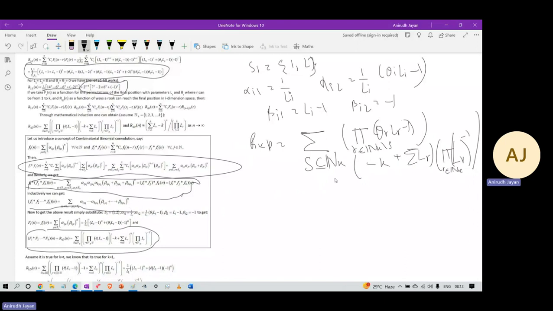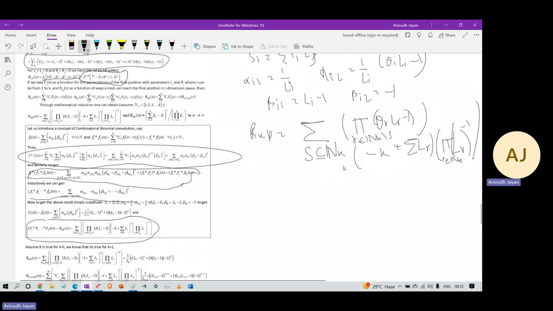Well, how? A hint is that since each Si is a set of two elements, each of the mu i's will be either 1 or 2. So that means there are 2 power k such possibilities.